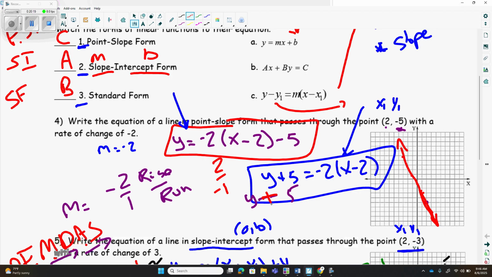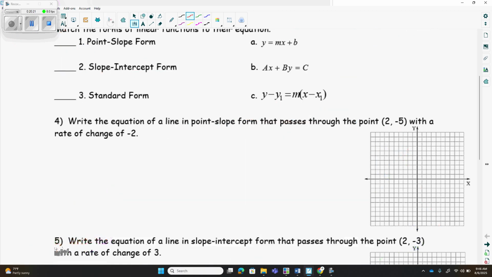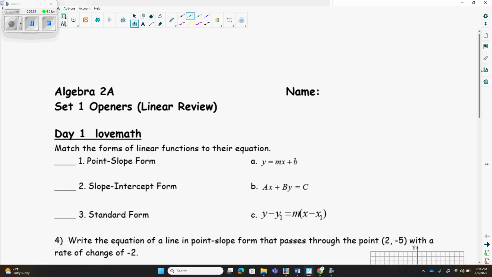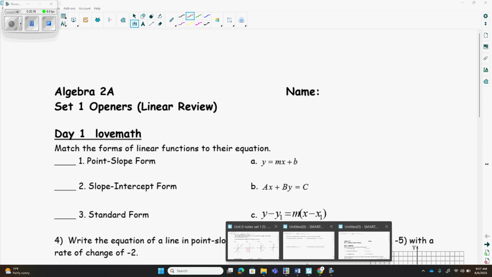All right. Moving on, let's take a look at our homework. I'm going to have you guys go to the board. You are paired up. Your partner's next to you. If I can get it to show up.